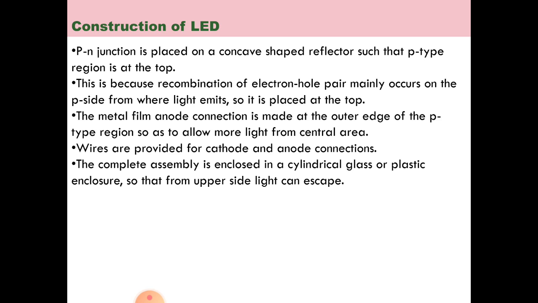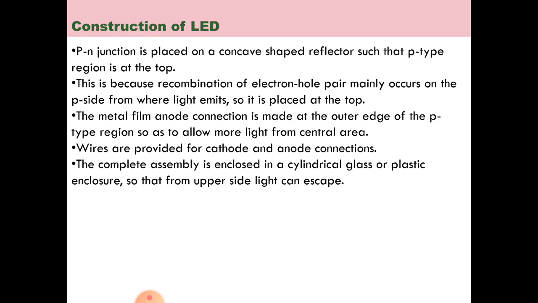Construction of LED. The PN junction is placed on a concave shaped reflector such that the p-type region is at the top. This is because recombination of electron hole pairs mainly occurs on the p side, from where light emits. So it is placed at the top.